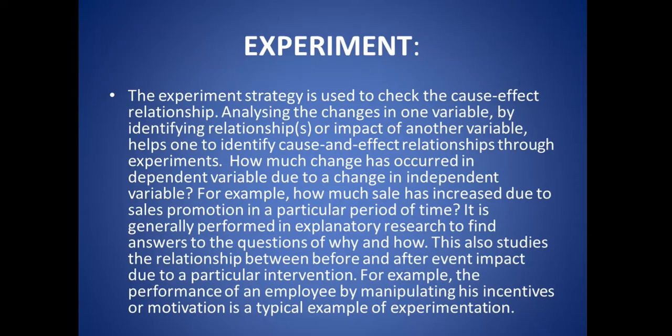The experiment strategy is used to check the cause effect relationship, analyzing the changes in one variable by identifying the relation or impact of another variable. It helps one identify cause and effect relationship through experiment. How much variation is there in one variable due to the other variable?